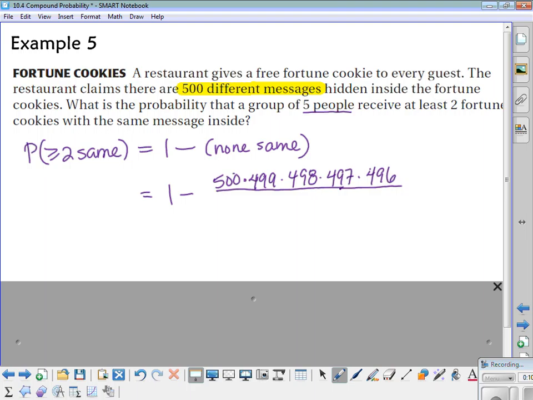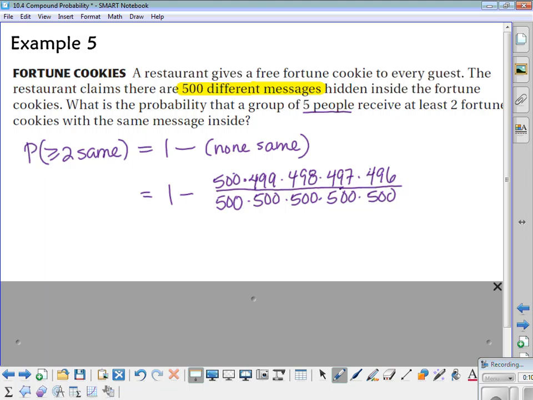Now, if I can repeat, the total possible ways that I could have it is that I actually have 500 choices each time, right? If I'm not worried about repetition. So the top is the no repetition and the bottom is if I do have repetition.